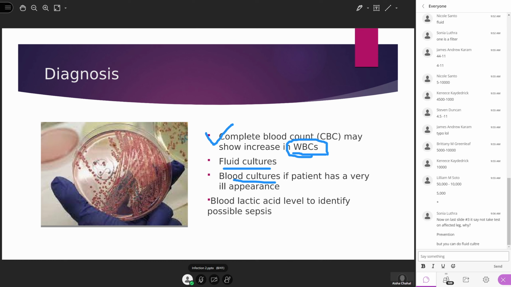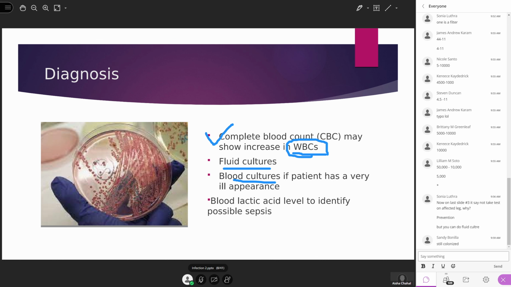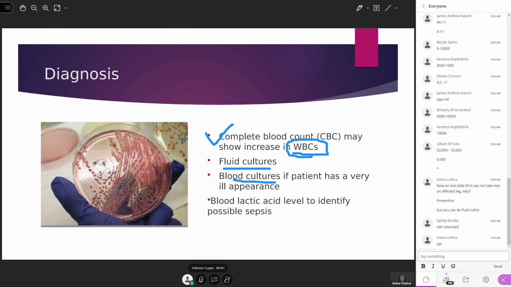It's right there on the skin. Does that make sense? Yes, it is still colonized, still there. Yes. But I'm just saying that if it is affected, avoid taking regular blood work from that. Just find a vein in the other arm or some other spots, right?